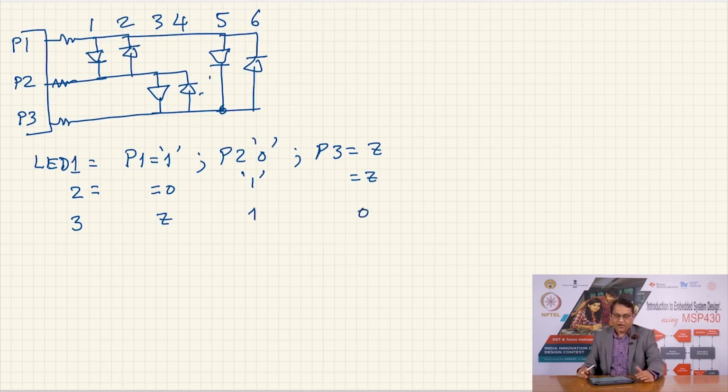Now, at any given time in this configuration only one LED is turned on, and so if there are 6 LEDs, they are going to go 1, 2, 3, 4, 5, 6, back to 1, 2, 3, 4, 5, 6. If you want any number of LEDs to be on, the turn on and turn off of these LEDs is done at a much higher rate, higher than the persistence of vision of a human eye, which is roughly 16 hertz.